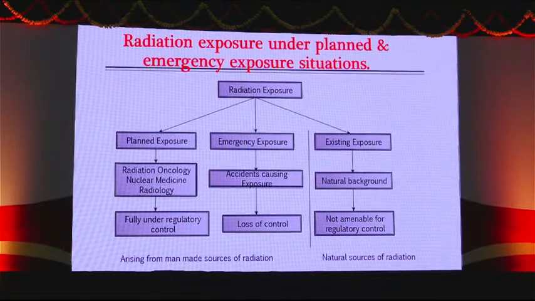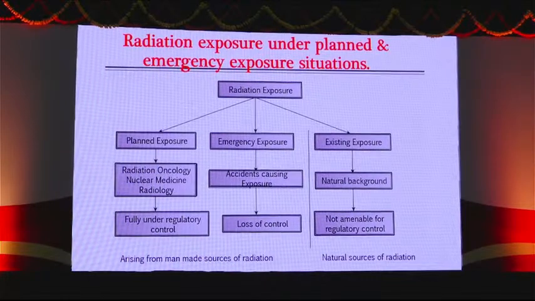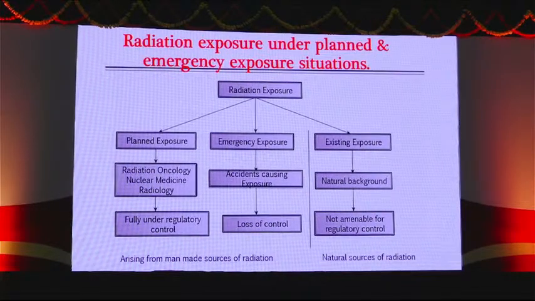In this figure you can see radiation exposure under planned and emergency exposure situations. Planned exposure and emergency medical exposure situations in radiation oncology arise from man-made sources of radiation that are fully under control.